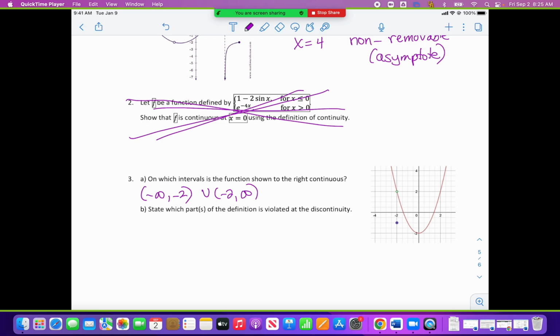Then, Leah, what was the third criteria? The limit has to equal the x value. Good job. Okay, so here, it was the third part that got violated. It was the limit does not equal the function value.